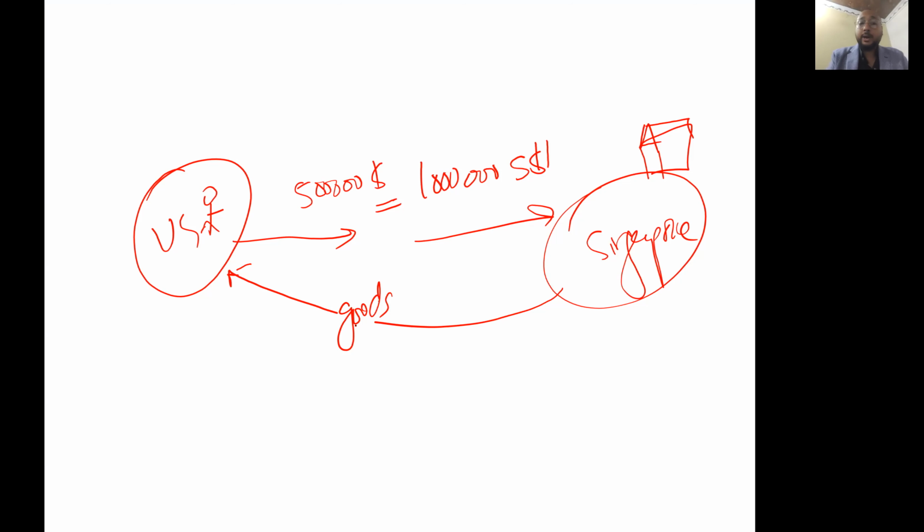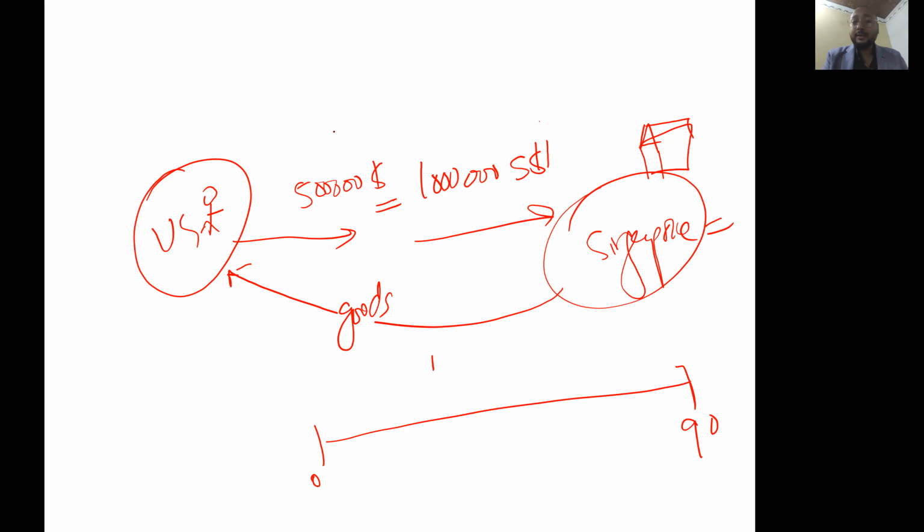But this is at a point, immediate, right now here. So the Singaporean firm will be sending the goods. The time period is 90 days. And you will send this amount after 90 days.